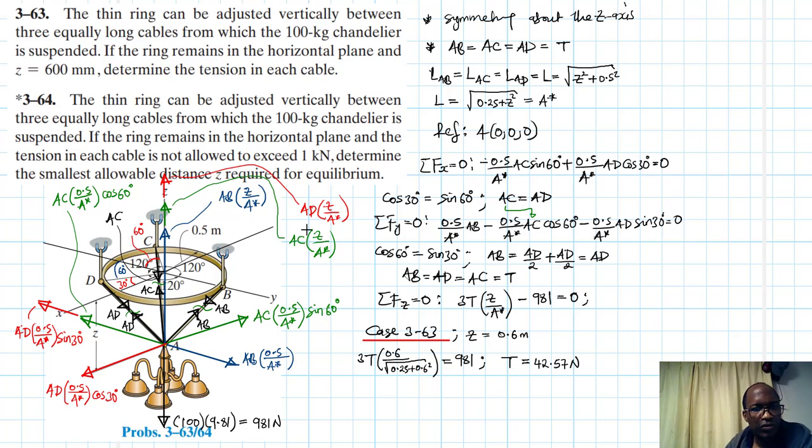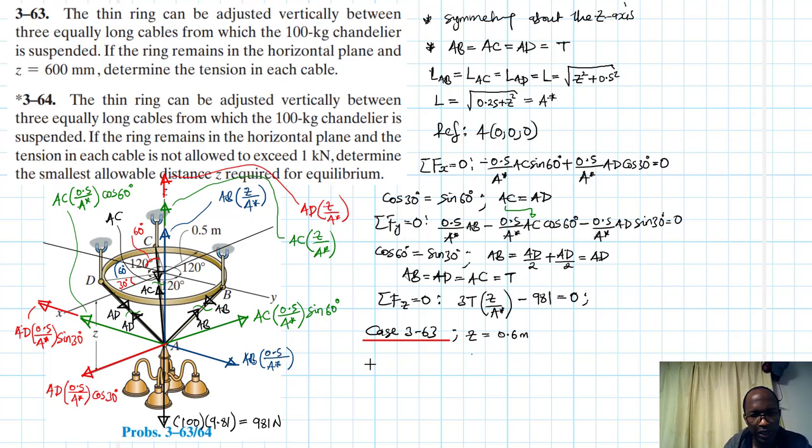Alright, so we found what the tension in each cable is. We are therefore saying AB is equal to AC, which is equal to AD, which is equal to 425.66 newtons.